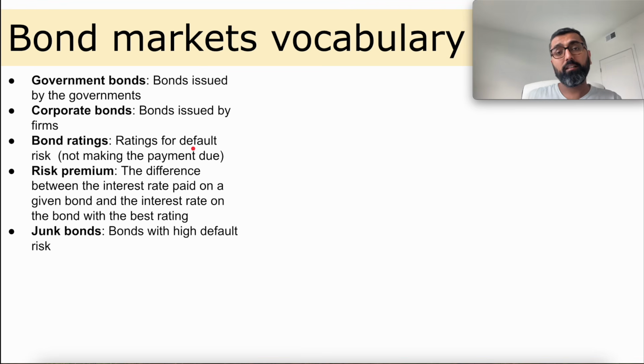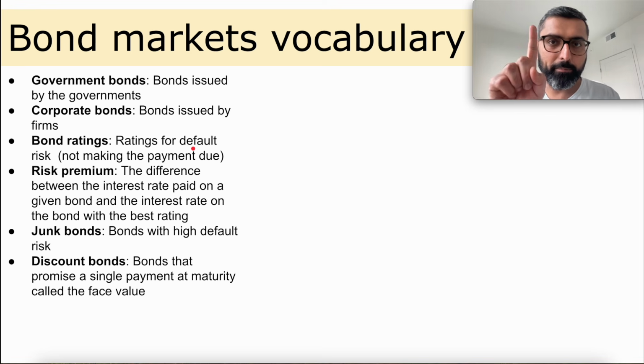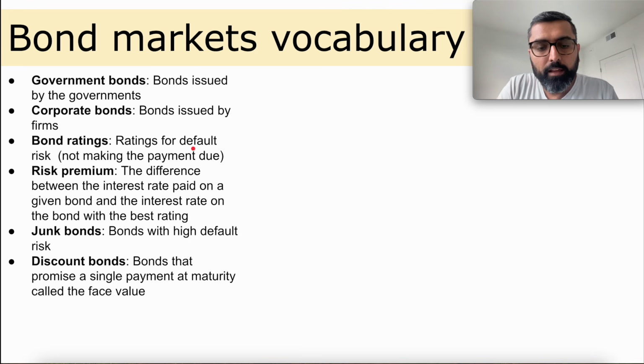A junk bond is a bond with the highest default risk, highly likely that they will not pay you your money back. Discount bonds are bonds that promise a single payment when they mature, and the value that they pay you is called the face value or the par value, and that is what they promise.